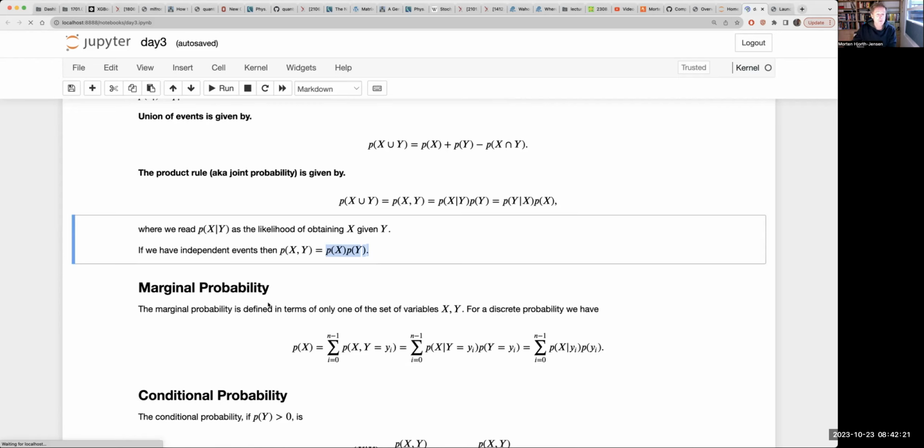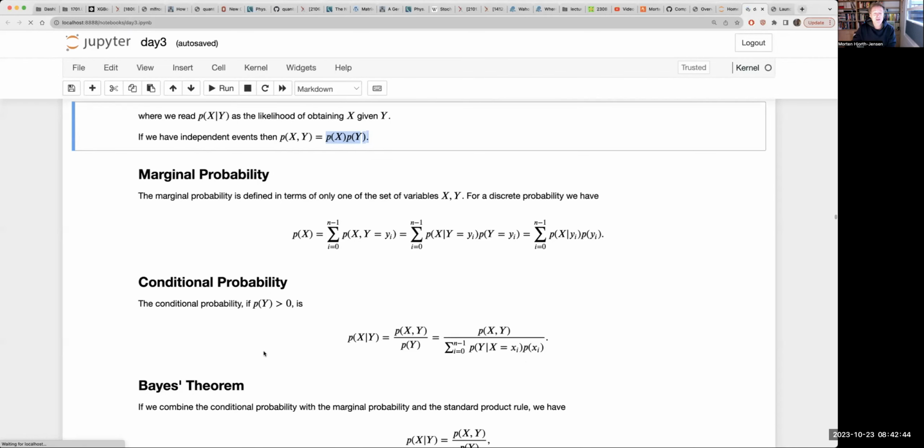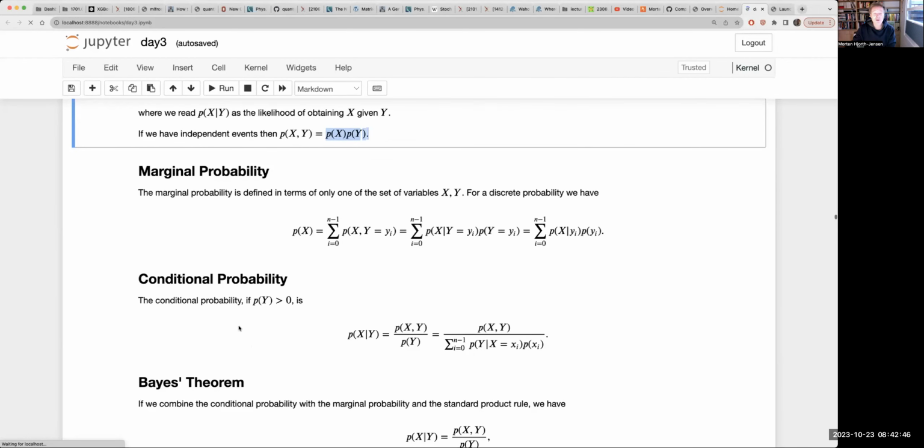So the marginal probability, if it depends on more than just one variable, is given by us summing away one or many of the other variables so that we're just left with P of X. So we would sum over all the events Y here. This is normally written as the probability of X given Y, and then we are simply summing away them. And then we have something which is called the conditional probability. So if this P of Y is larger than 0, that's also important.